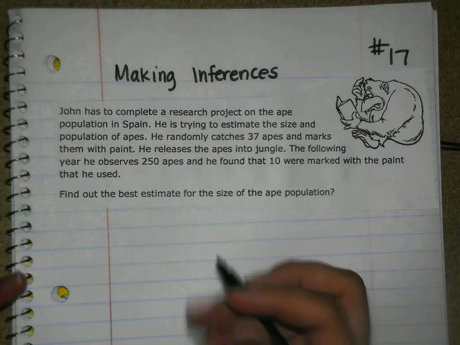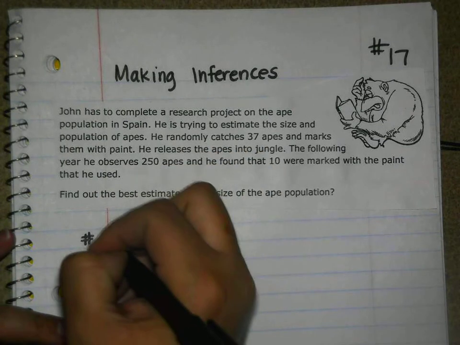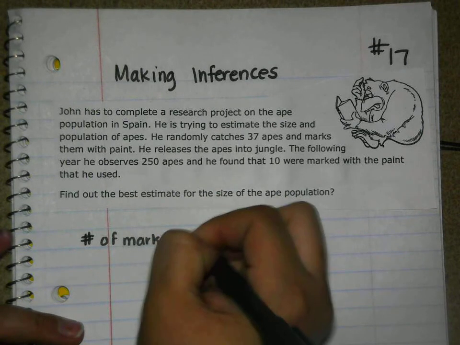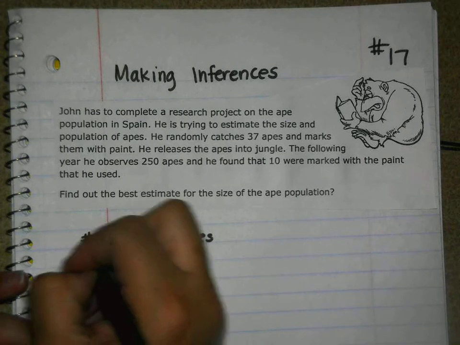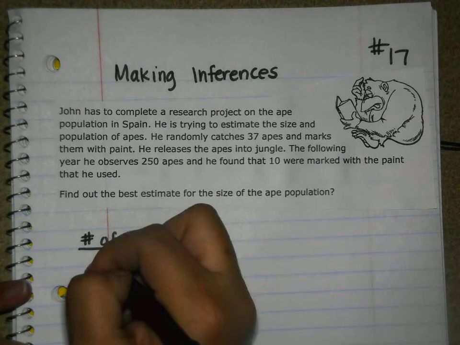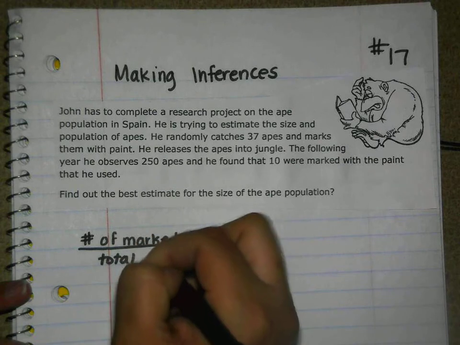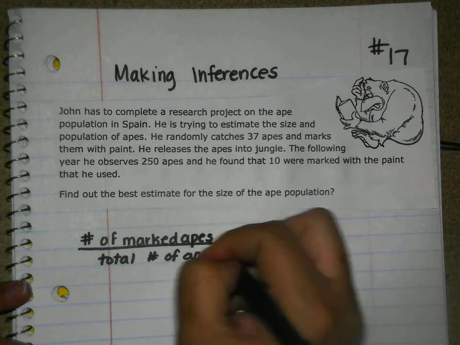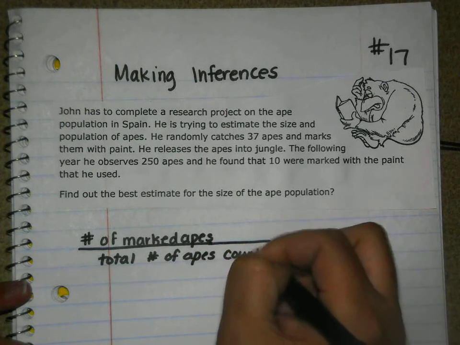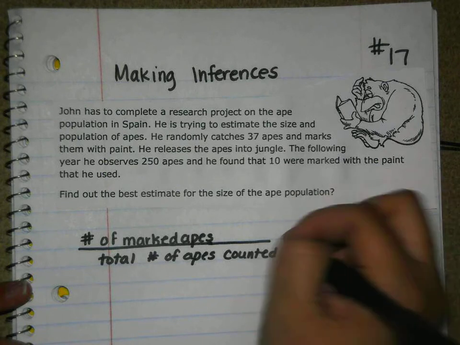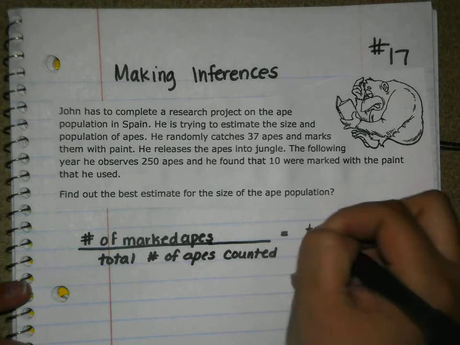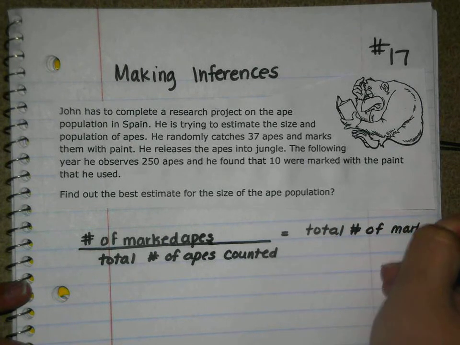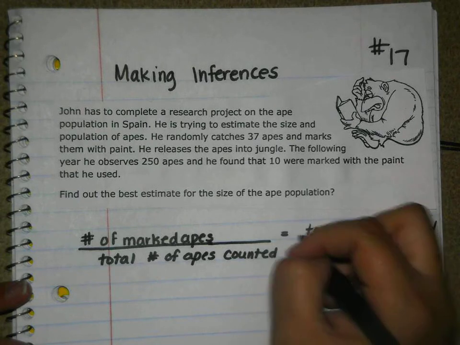So we're going to have the number of marked apes over the total number of apes counted equals the total number marked, we're just going to write marked, over the estimated population.